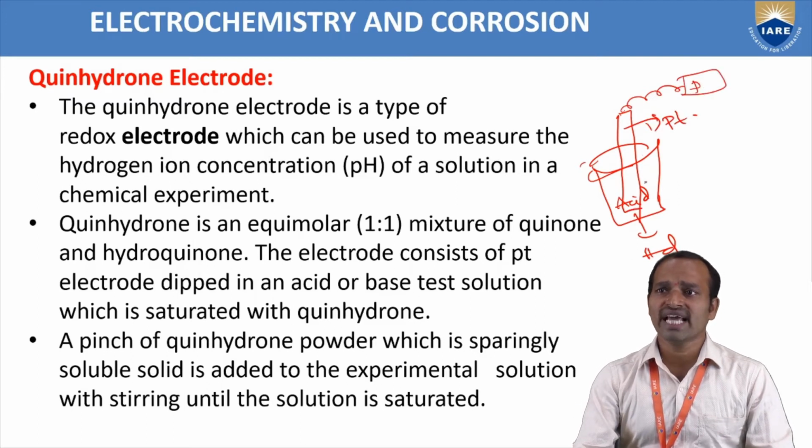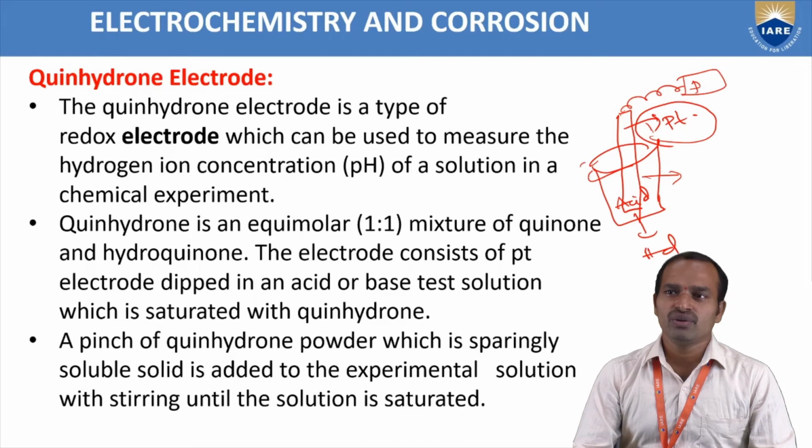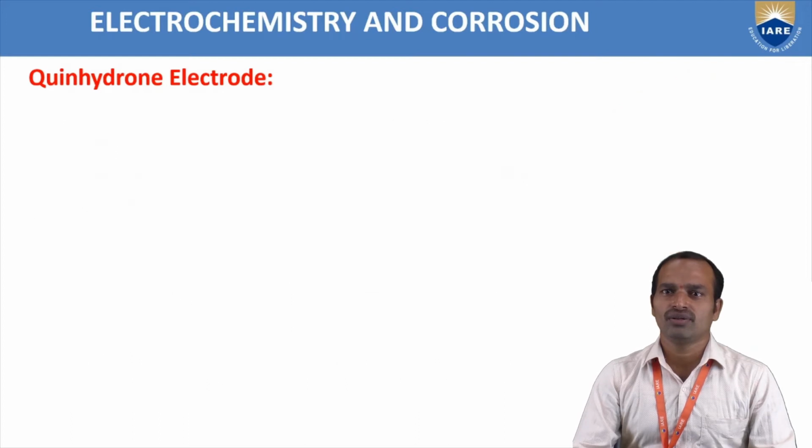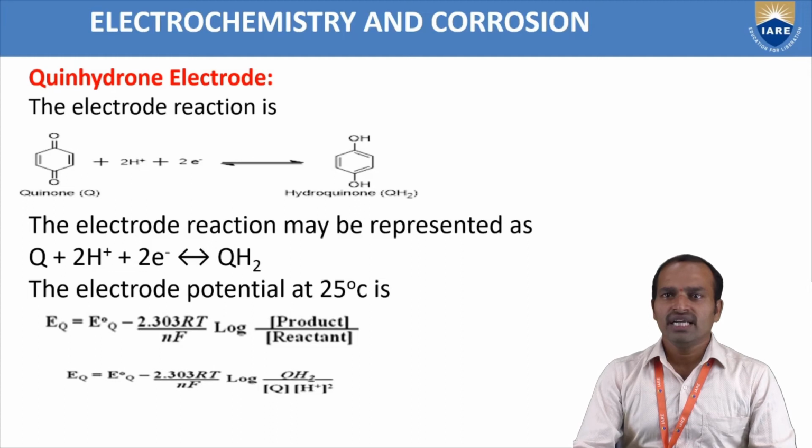Now to this acid, we are adding a pinch of quinhydron powder. Now this platinum electrode acts as a quinhydron electrode. Generally quinhydron electrode is not available, but by adding quinhydron powder to the acid with the platinum electrode, we are converting it into a quinhydron electrode. In the quinhydron electrode, the electrode reaction is a reversible reaction.